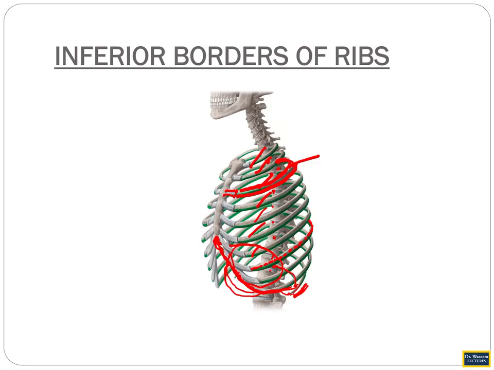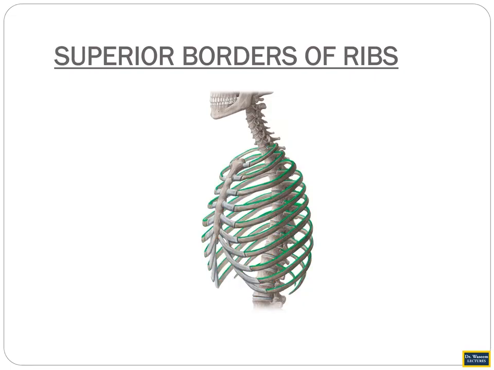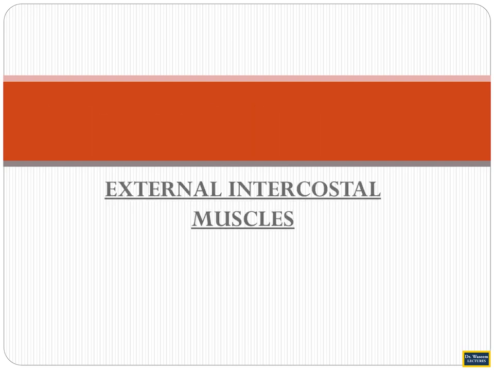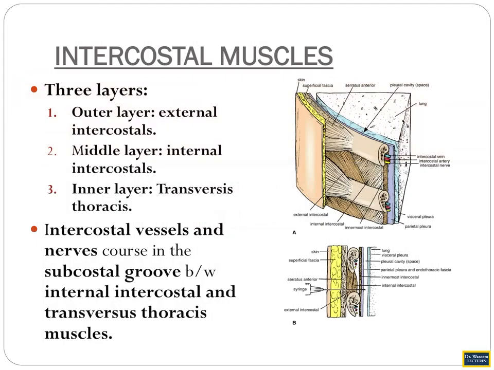So, you should have these things in your knowledge, and then you will enter into the intercostal apparatus, meaning intercostal muscles and intercostal neurovascular bundles. As far as the intercostal muscles are concerned, the first group of muscles is called the external intercostal muscle. Watch them, because we have three intercostal muscles.